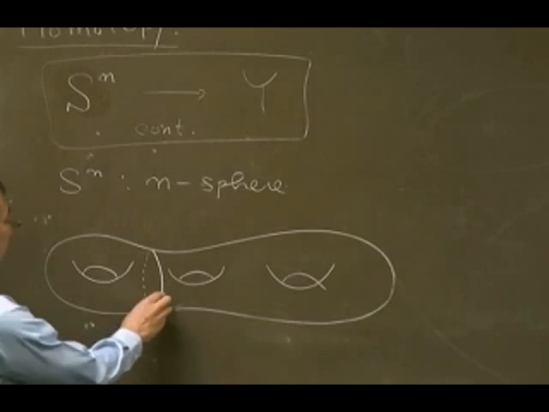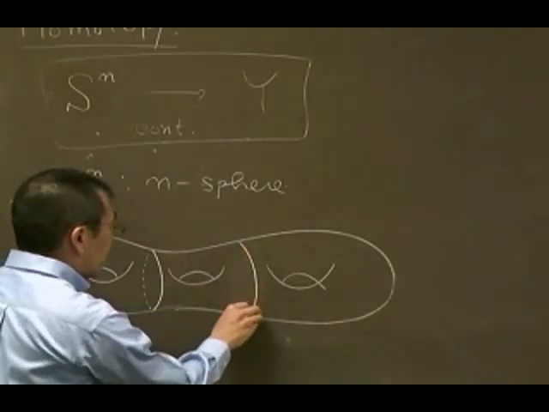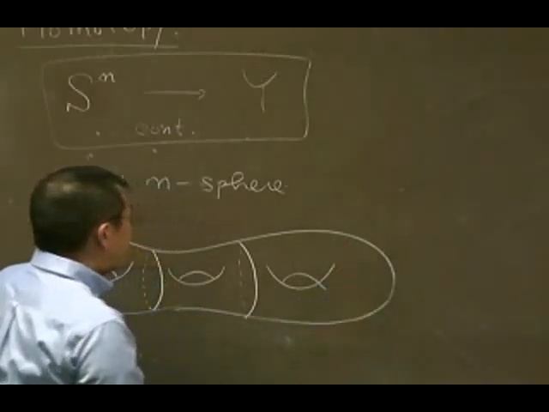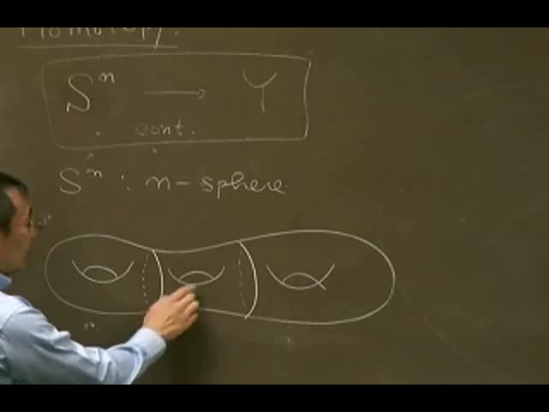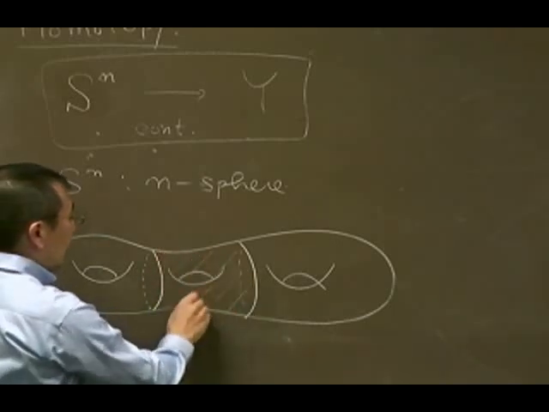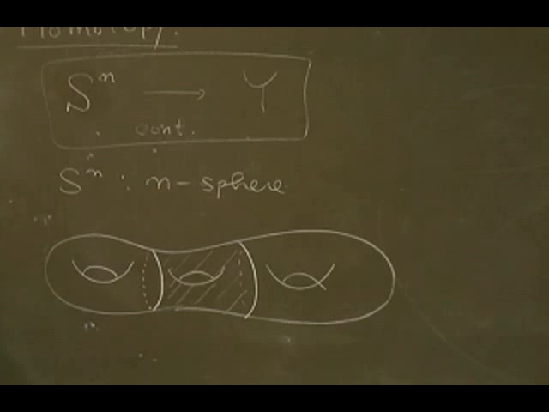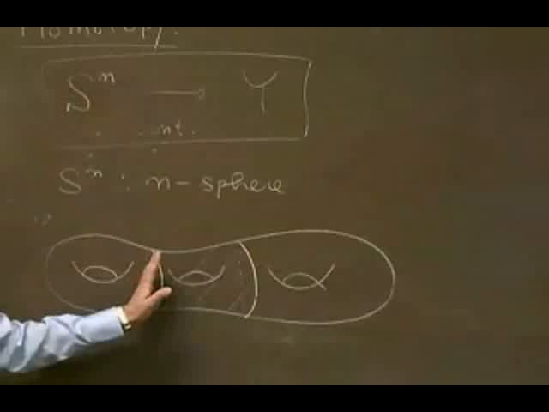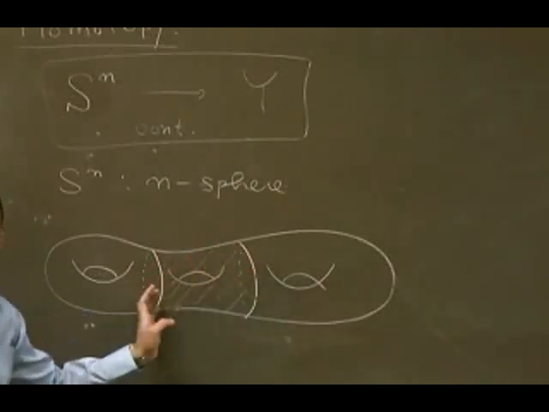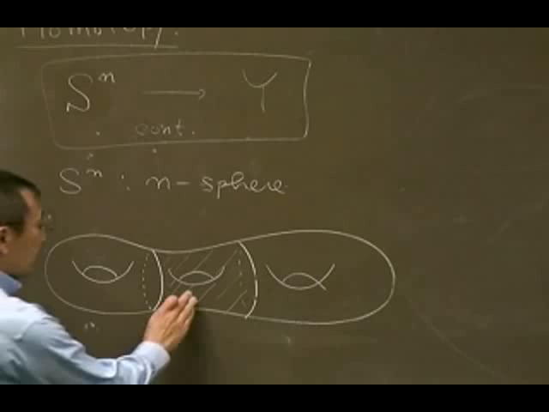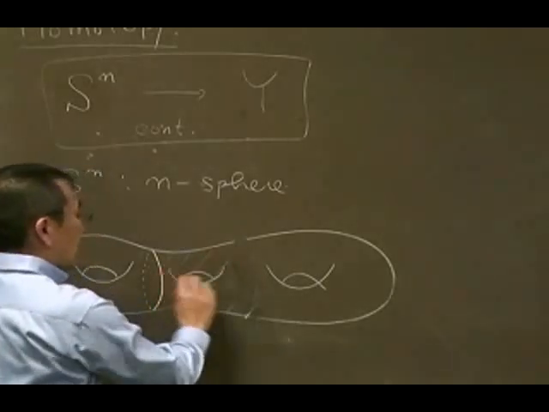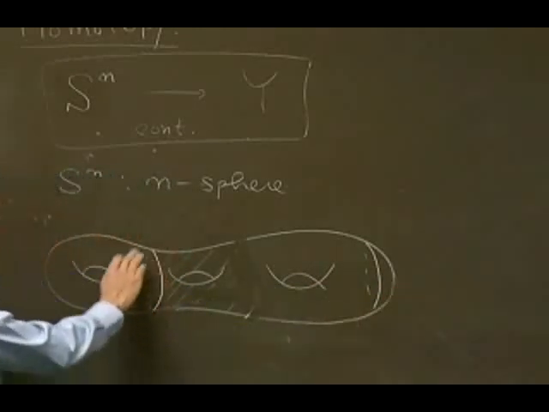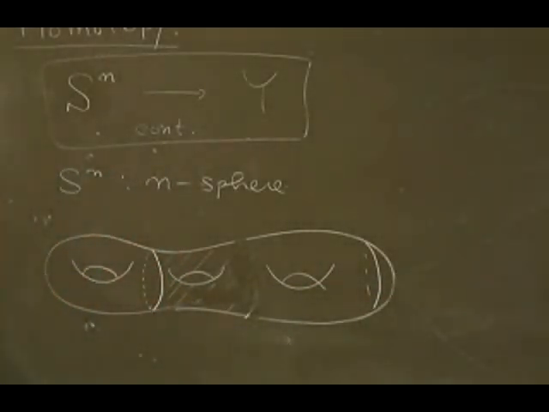You can show that this cycle is in the same homology class as this cycle, because there is a two-dimensional surface with this and this as a boundary. So this cycle is homologically equivalent to this one, which slips away. That means this cycle is actually homologically trivial.